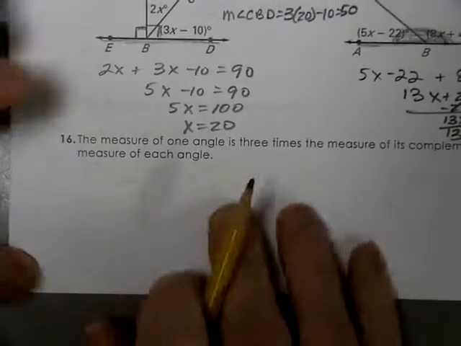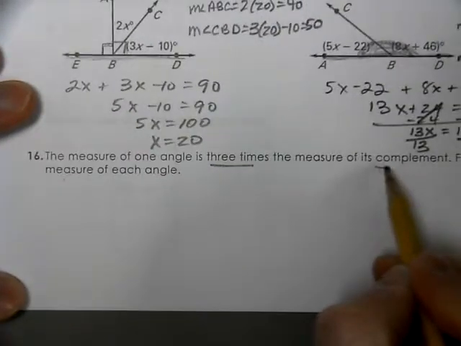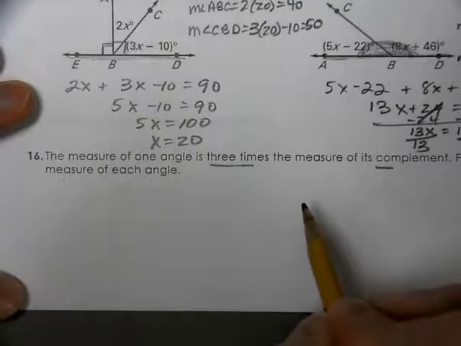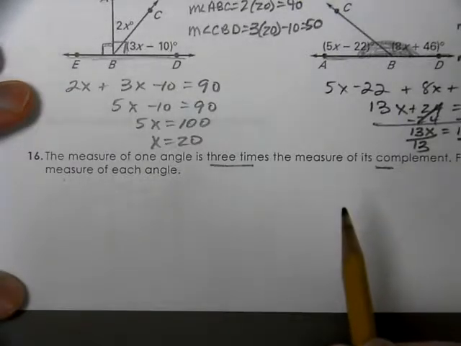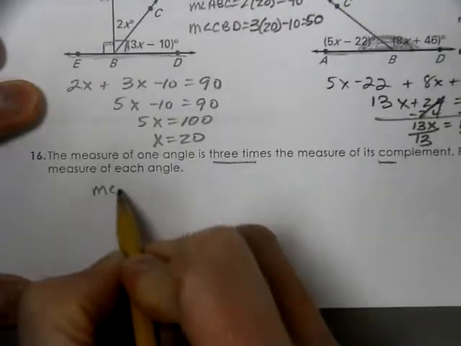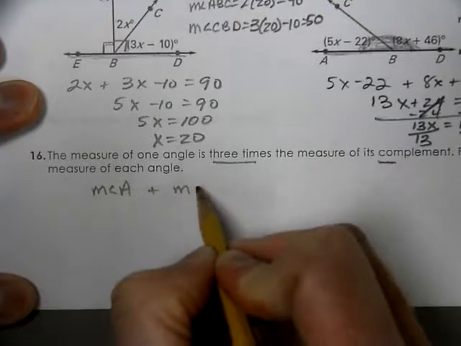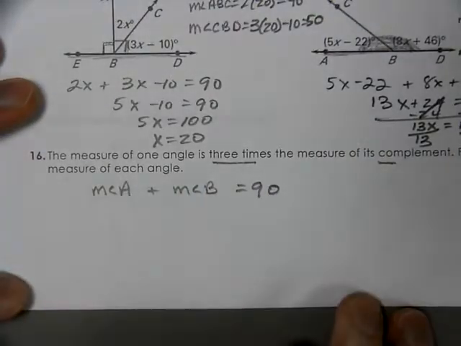The measure of one angle is 3 times the measure of its complement. All right. Well, before we did supplement, so complement is 2 angles that add up to 90. So if we pretend that we have angle A and we have angle B, we know that they add up to 90.